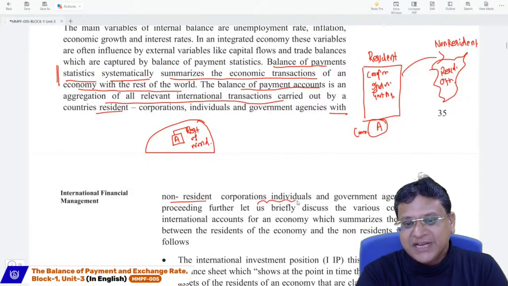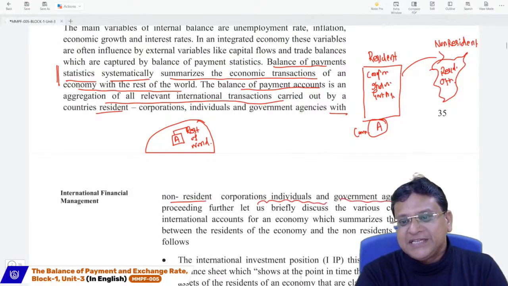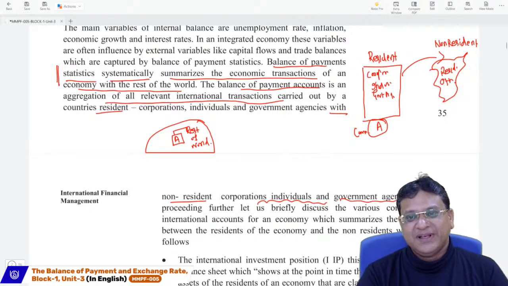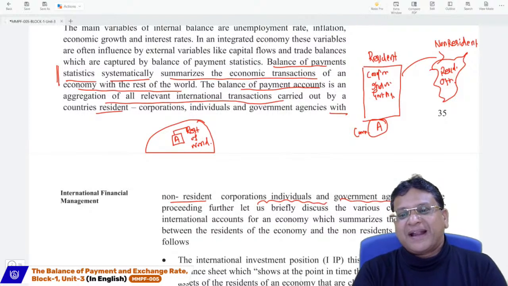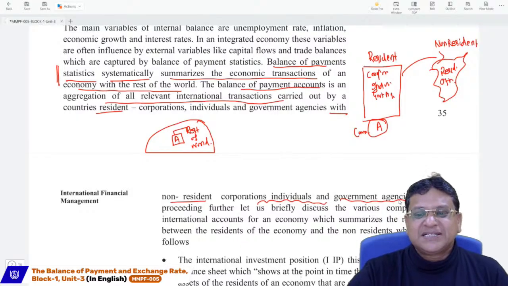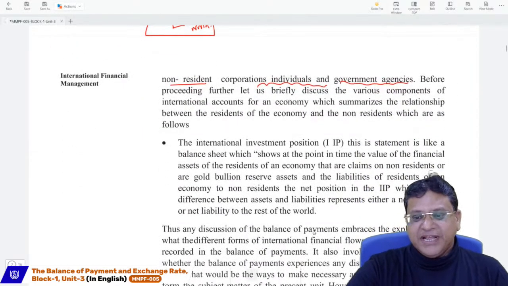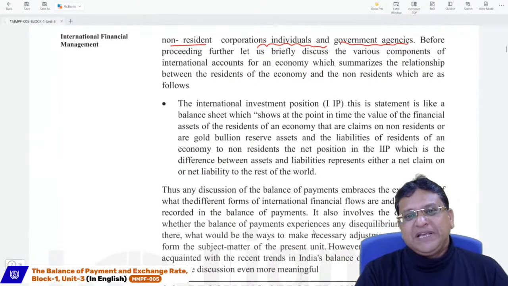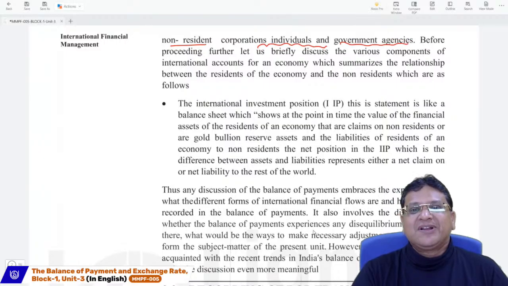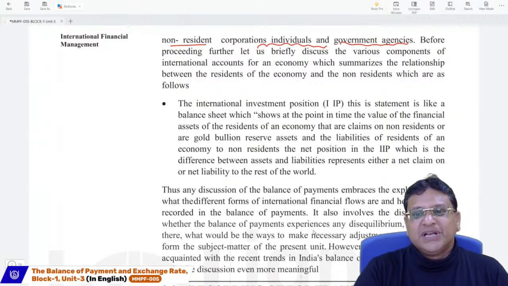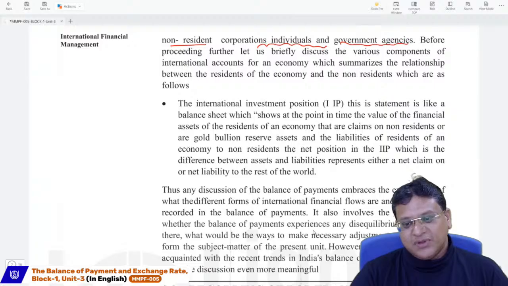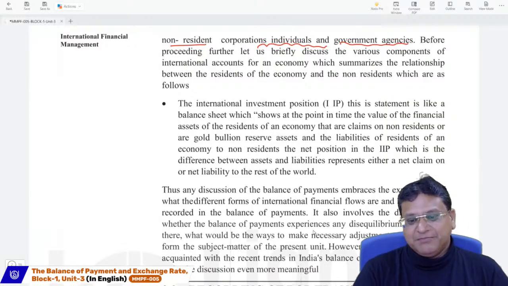Non-residents are corporates, individuals, and government agencies of other countries. The transactions between them are recorded in a statement. That statement is known as the balance of payment statement. Hence, I can tell that BOP is a systematic record of a country's international transactions with the rest of the world. So, BOP is a statistical statement.